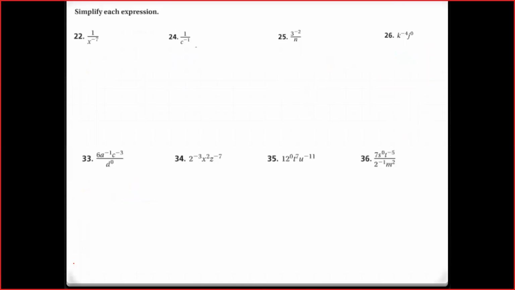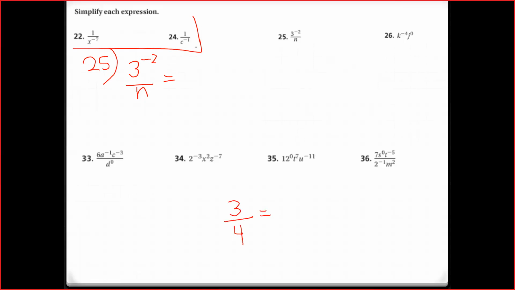Okay, 25. Here you have 3 to the power negative 2 over n. If I have 3 over 4, is it the same as 3 multiplied by 1 over 4? Yes. Here also the same.